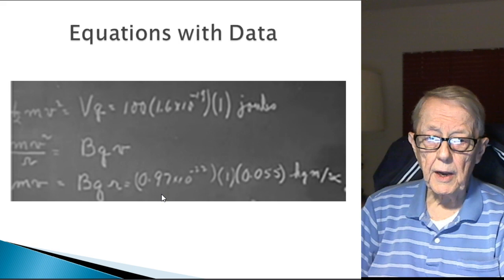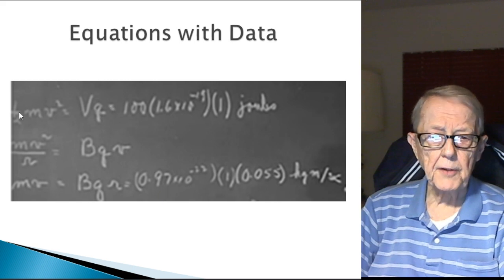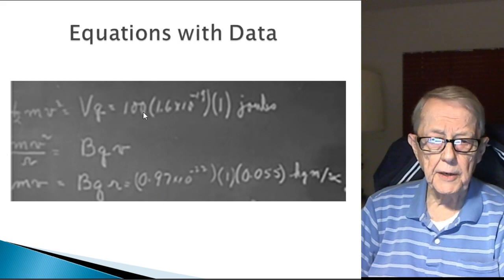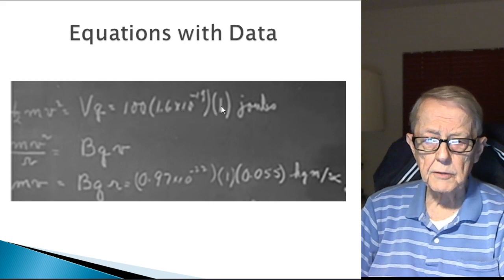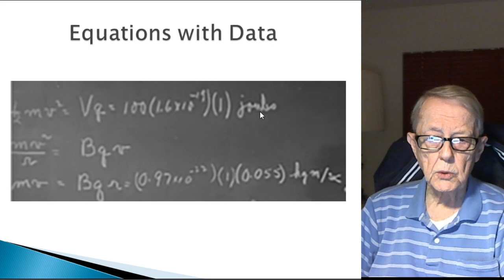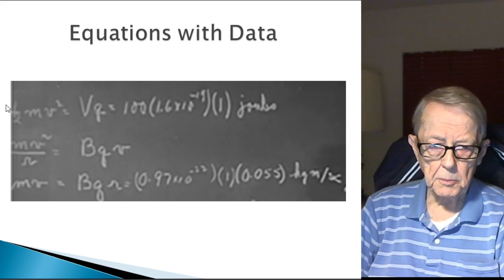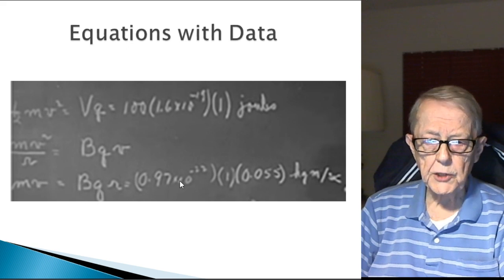So now this is a lot of stuff here, but here's those equations again, and there's the 100 volts, the charge of one electron. There's only one of them, and the answer is in joules. This is supposedly in joules. And in this equation, they read off the chart the value of BQ, which is 0.97 times 10 to the minus 22.